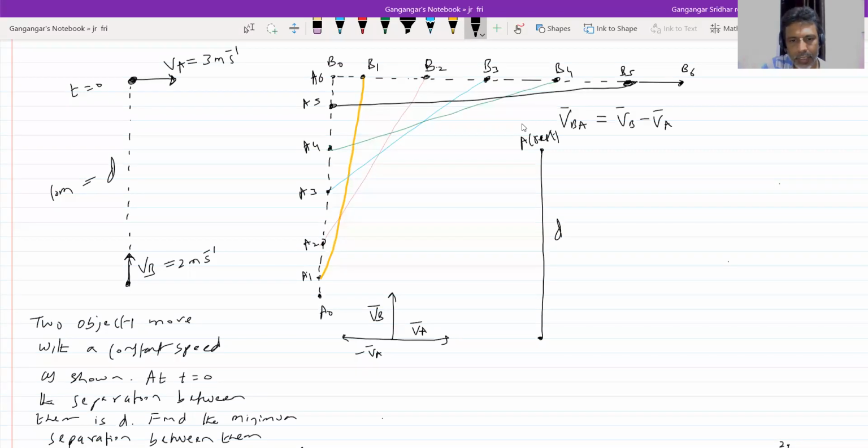If you take the vector diagram, this will be VB, this will be minus VA. The resultant vector will come somewhere here.